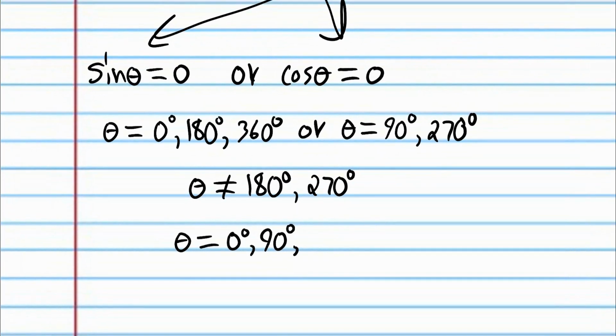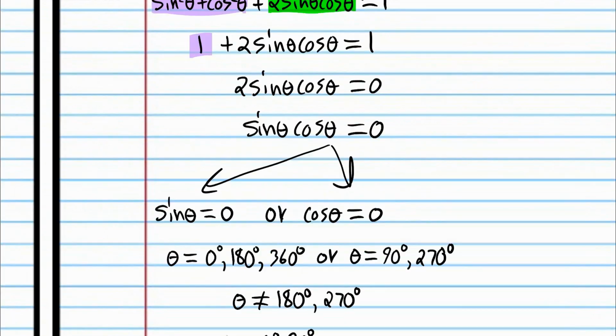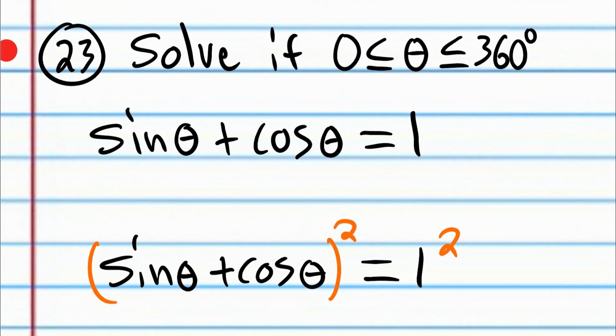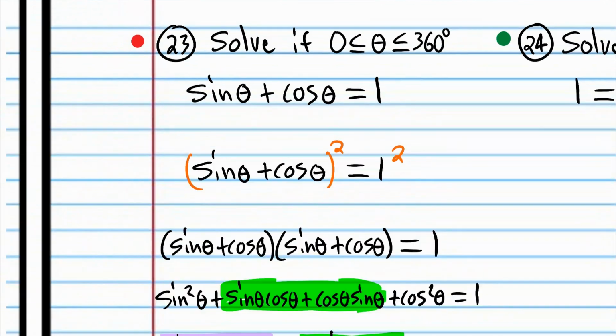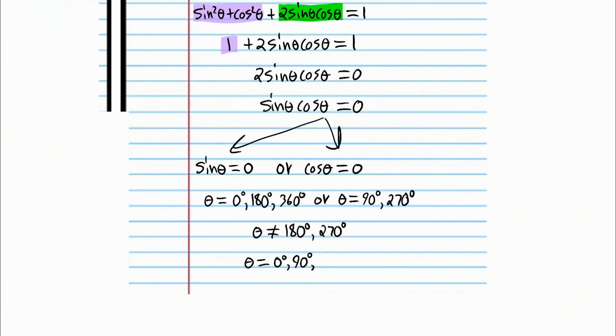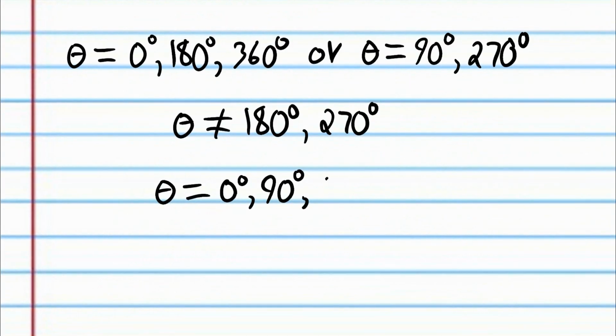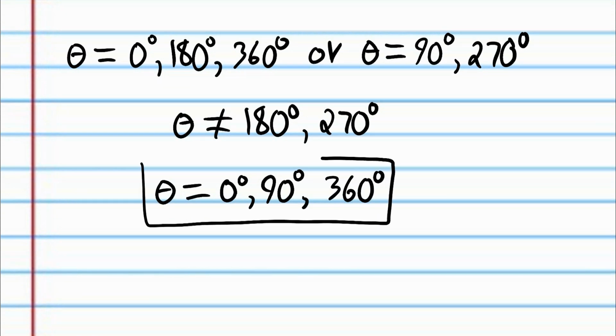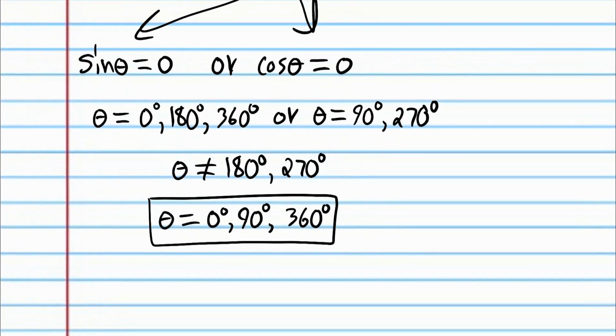And what about 360? Our last solution is 360. Sine 360 is 0, and cosine 360 is 1. So that actually works. 0 plus 1 is 1. So we have 3 actual solutions and 2 extraneous solutions.